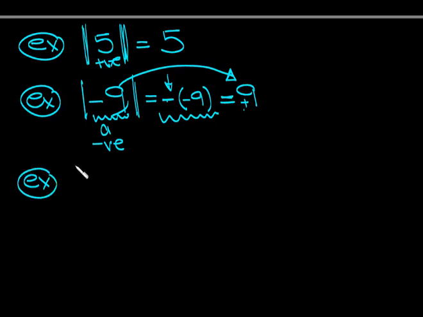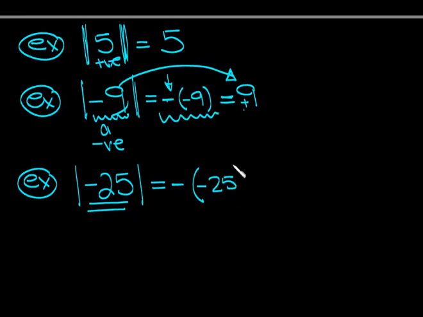Okay, let's see if I have the absolute value of minus 25. Yes, the answer is 25. We know that because that's what absolute value does, it gives you a positive number. But let's show the steps that we have to go through to get there. Since this number is negative and I want to make it positive, I'm going to have to introduce another negative. So you get negative of negative 25.